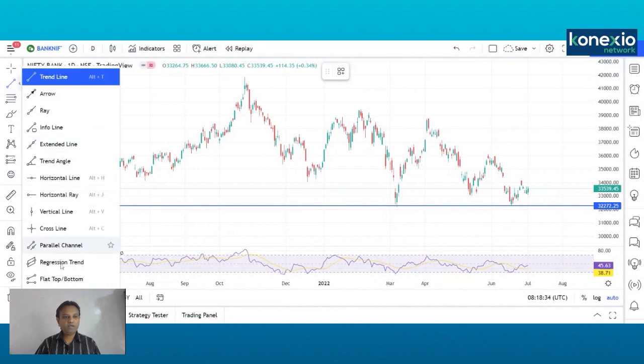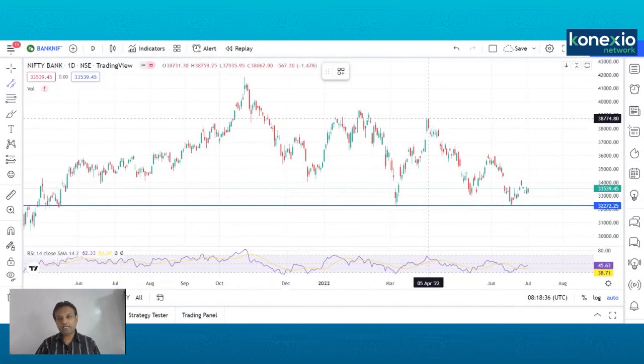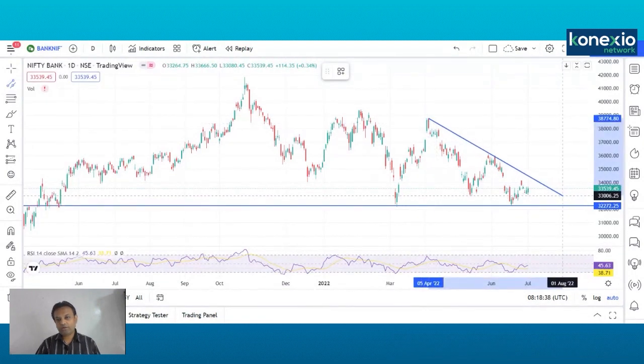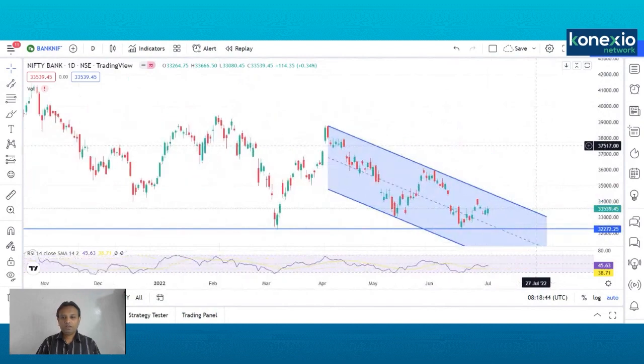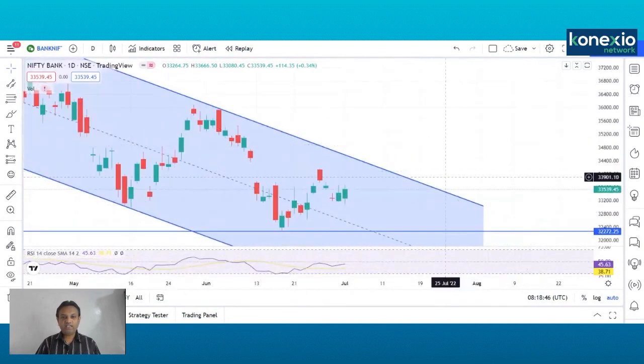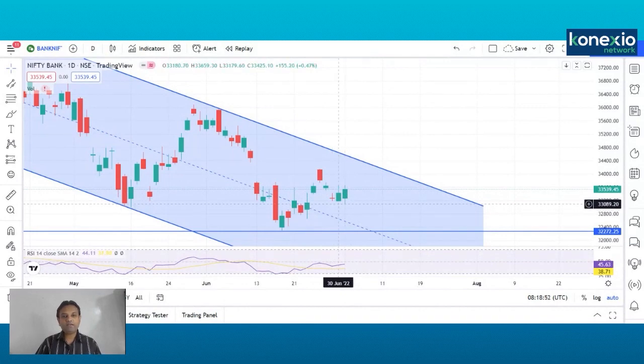Now let me draw a parallel channel so we can have a clear view about when the breakout of this particular downward falling channel would be. Now you can clearly see these are the last three trading sessions of Bank Nifty, maybe Wednesday, Thursday, and Friday. It was just exactly what we call a range bound trend.